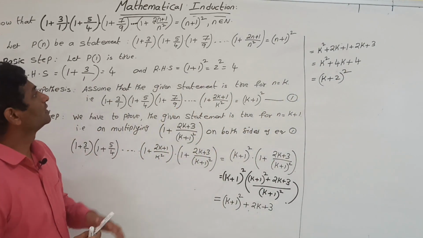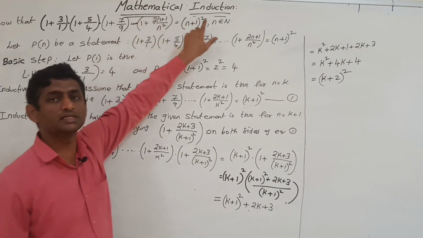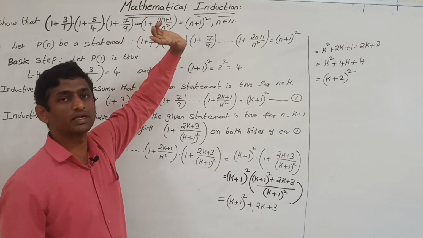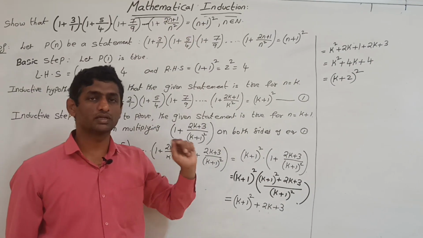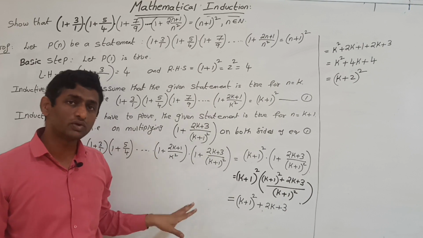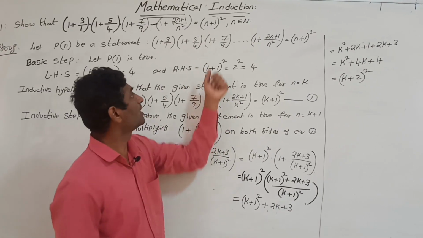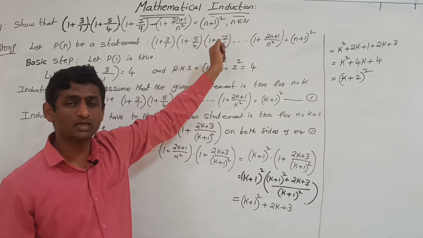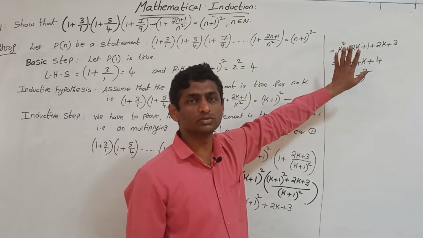Now if you see the statement, it is the product of n terms, so the answer is n plus 1 whole square. If it is the product of k terms, k plus 1 whole square. If it is the product of k plus 1 terms, in the place of n we have to substitute k plus 1. So what should be our result? K plus 1 plus 1 whole square. That is, we got k plus 2 whole square.